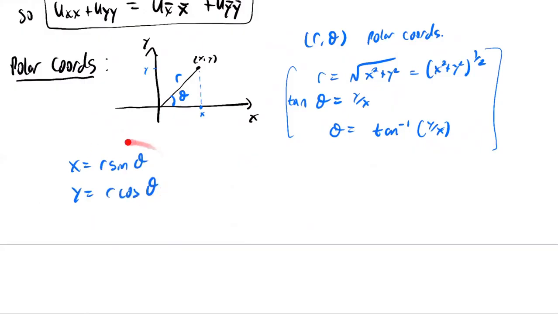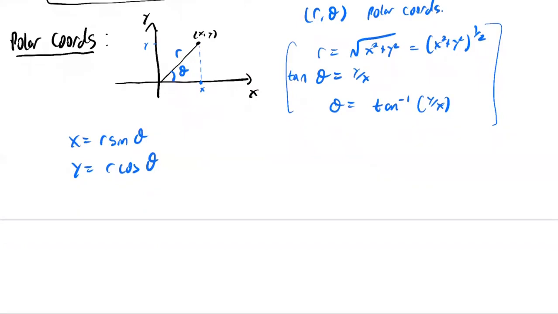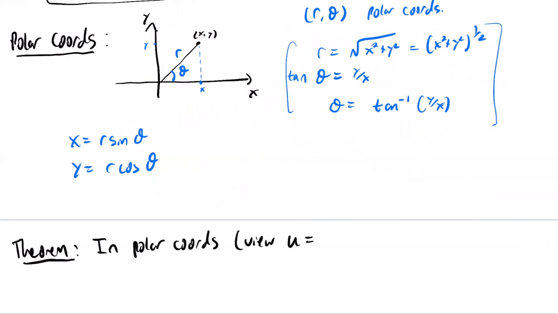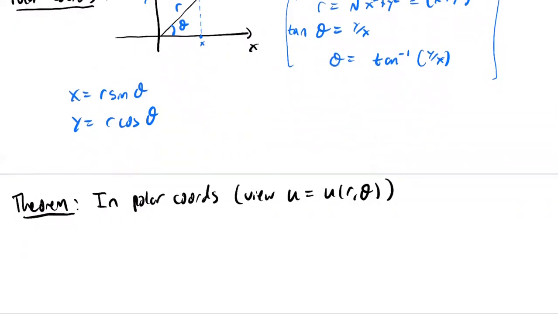And so if you use these new coordinates, again, the question is what happens to the Laplacian? And so let me just write this as a theorem. So in polar coordinates, right, what I'm going to do is view u as a function of r and theta rather than a function of x and y.